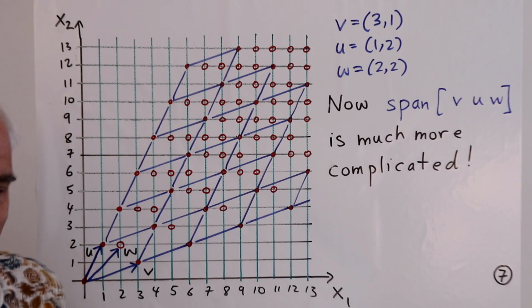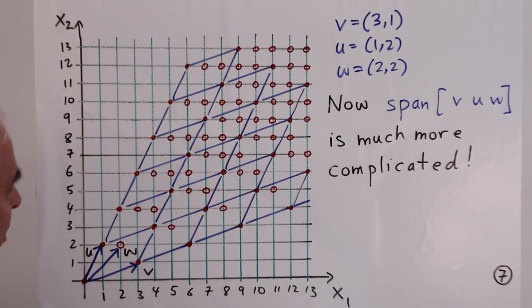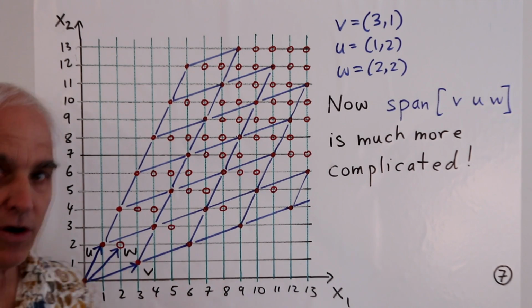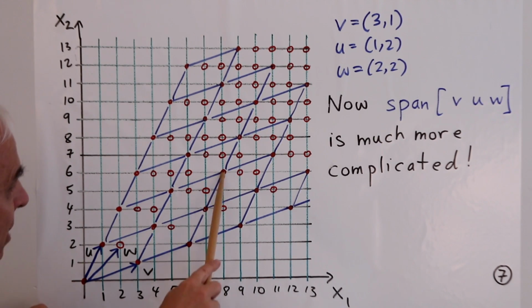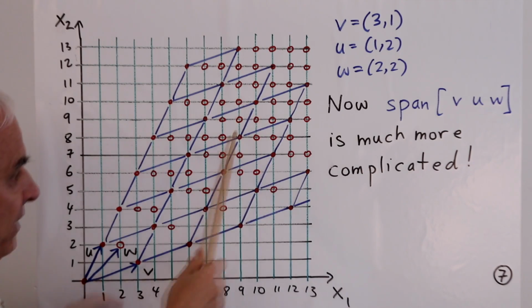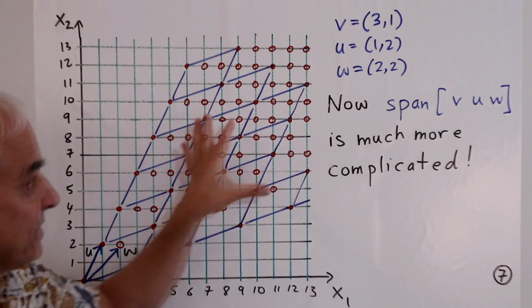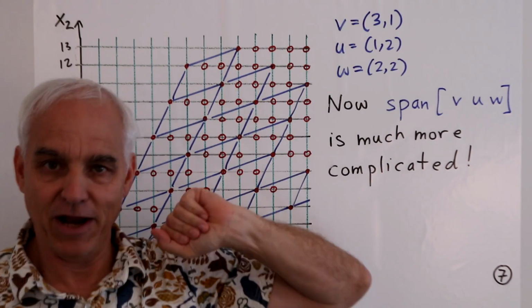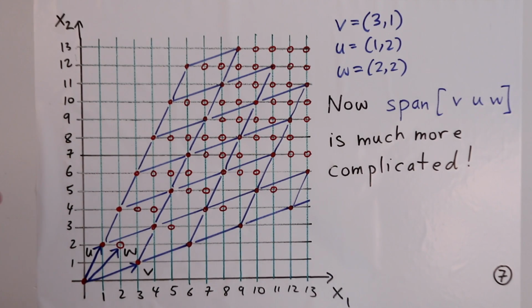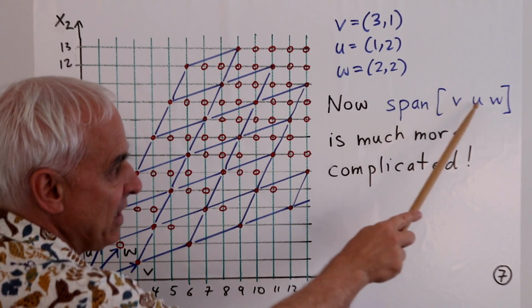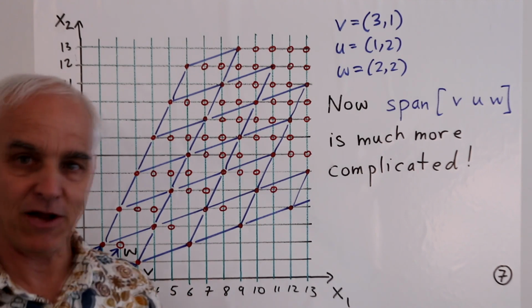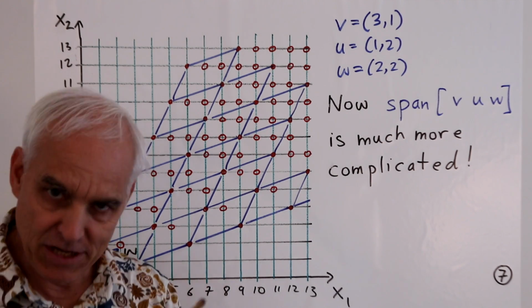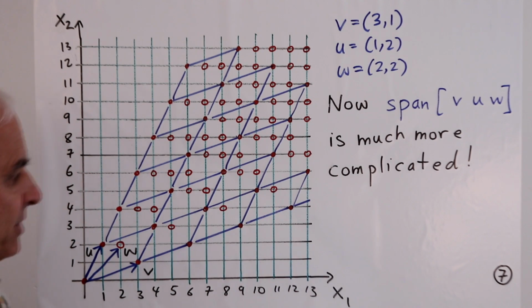Now in blue here, you can see the former span of just U and V. Just all possible combinations of U and V, at least that we can see. Of course, it extends upwards there. But now we want to consider the span of V, U, and W, the span of all three vectors, which means we're allowing ourselves linear combinations of all three vectors.